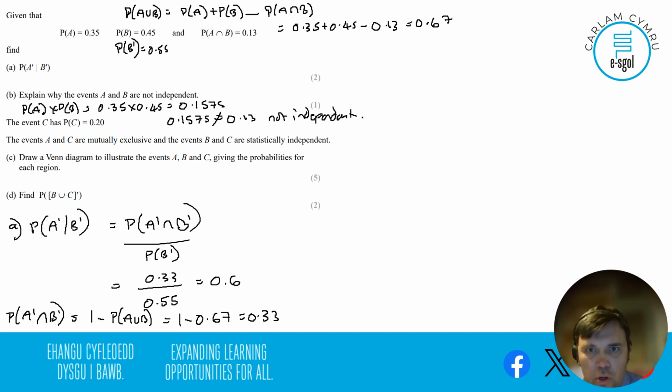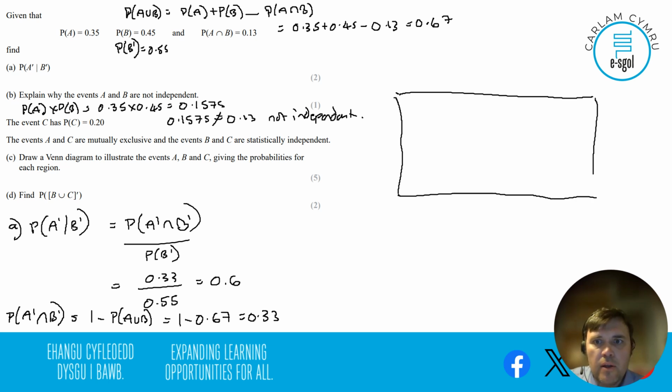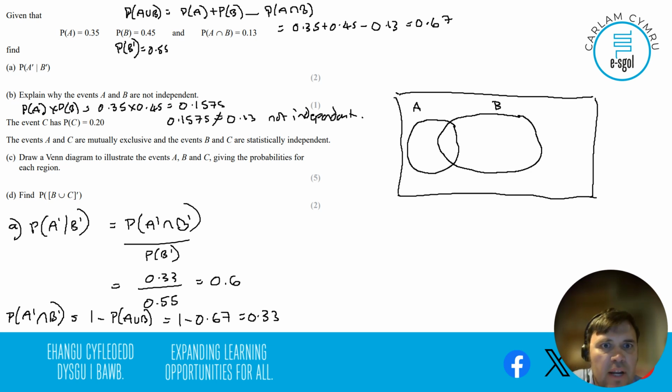So if we were to draw our Venn diagram, which we are asked to do to illustrate, we are going to have B, which is going to overlap both of them. There's B. Here now is A, and I can fill in from the information.